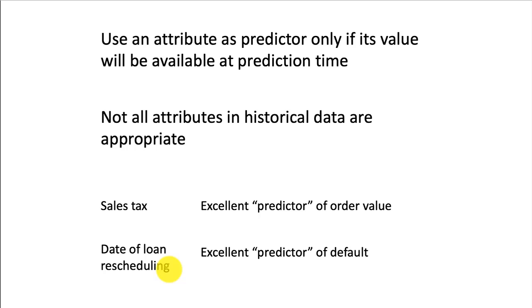That is, you want to take on somebody as a customer only if your model tells you that these are people who are unlikely to have difficulty with making payments, right? So for those customers, the date of loan rescheduling is not an attribute whose value we will have at the time we are considering them to become customers. So this would not be a good candidate to be used as a predictor attribute.